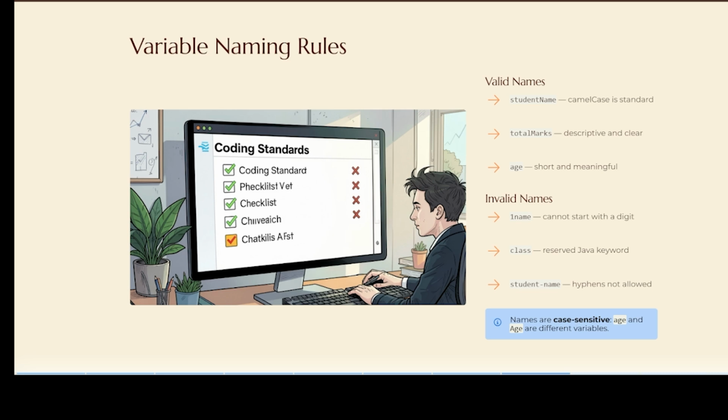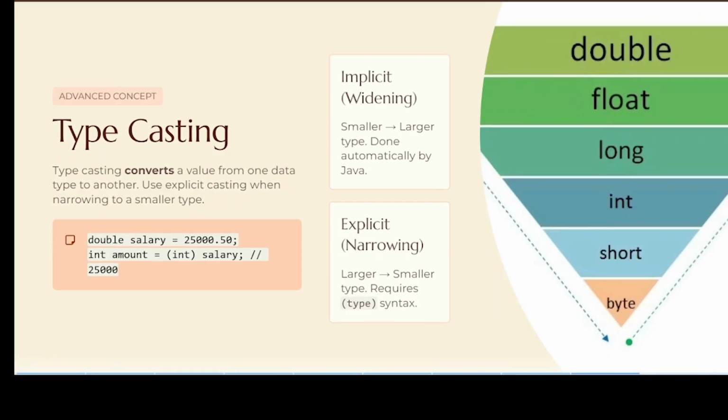Now we are going to see the most important topic, typecasting. What is typecasting? With the help of typecasting we are converting one type of data into another type of data. You will have two types: implicit widening as well as explicit narrowing.